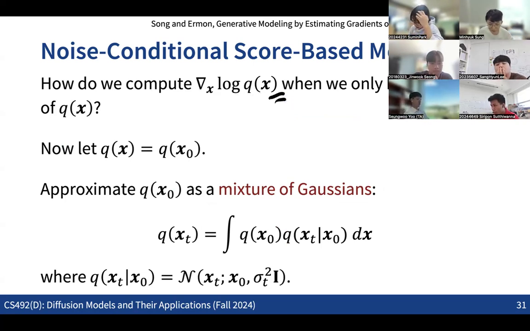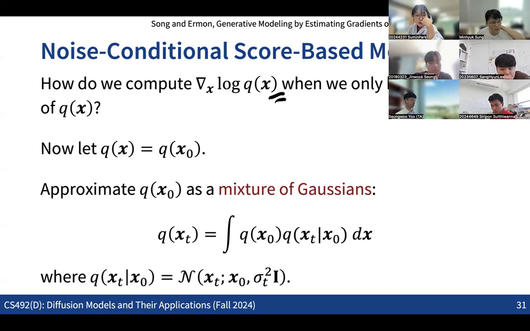So what we are going to do is have a slightly perturbed data distribution. Let's say QX is our original data distribution, which will be denoted as QX0 here. We are going to approximate this data distribution as a mixture of Gaussians.